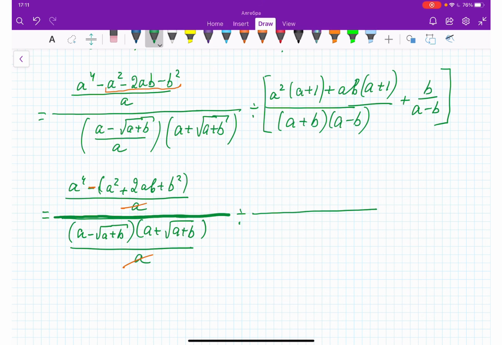I'm going to combine this grouping, a plus 1 times a squared plus ab, and divide it by a plus b, a minus b, plus b over a minus b.